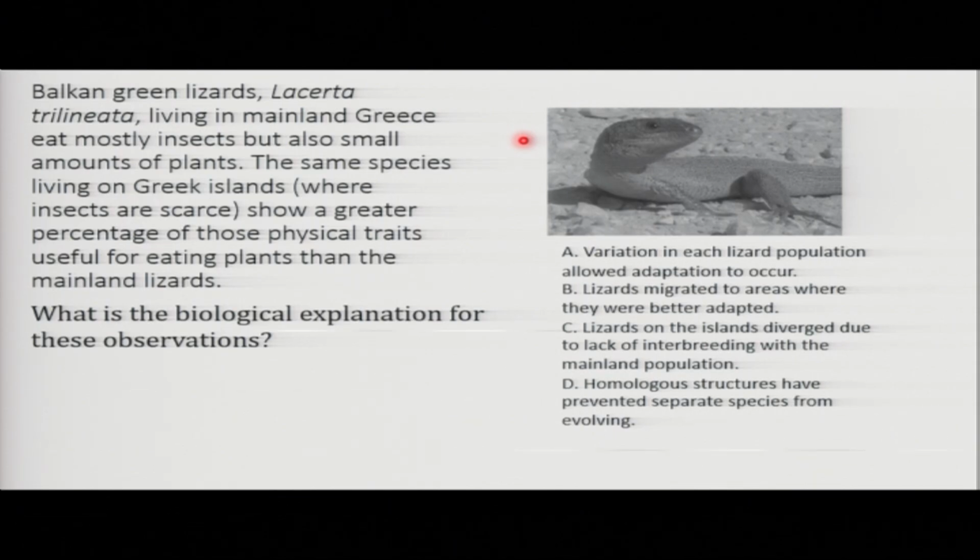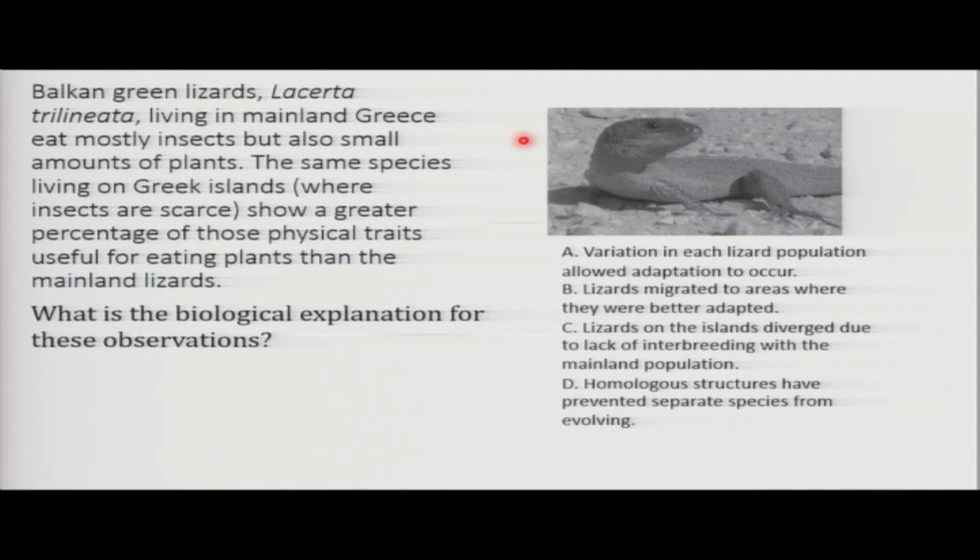Let's go back to the question. Living in mainland Greece, eat mostly insects, but also small amounts of plants. The same species living on Greek islands. So we have islands and mainland. Show a greater percentage of those physical traits useful for eating plants than mainland lizards.